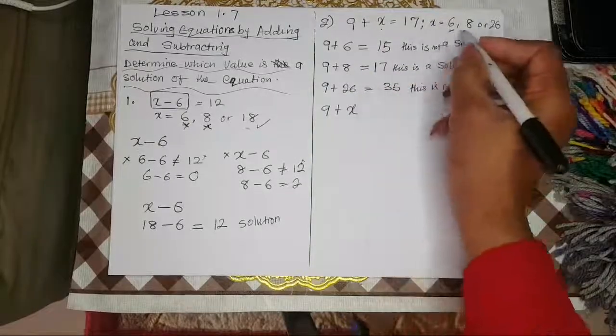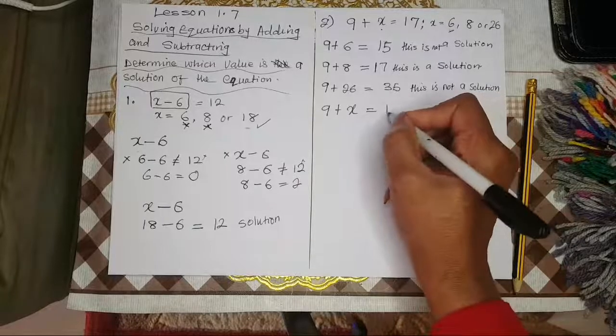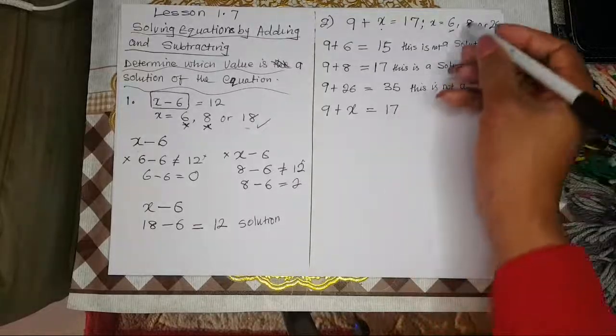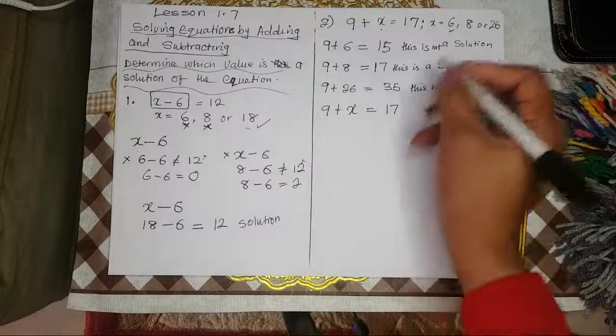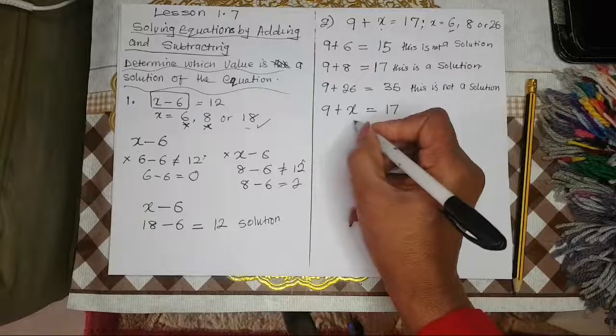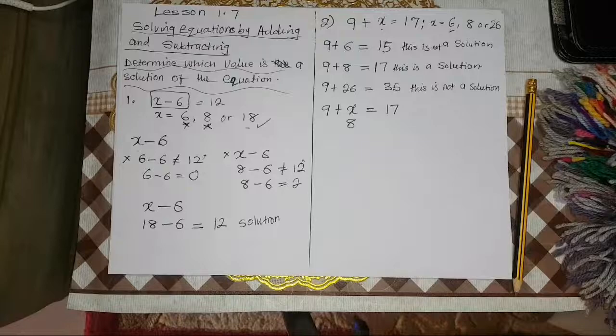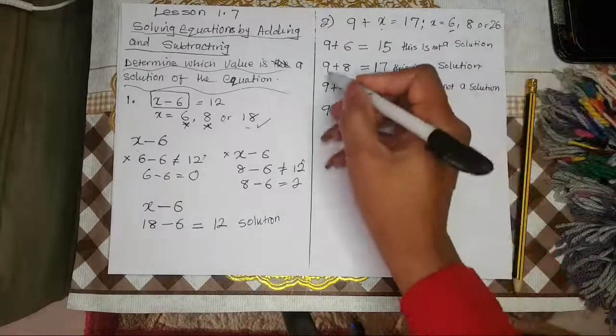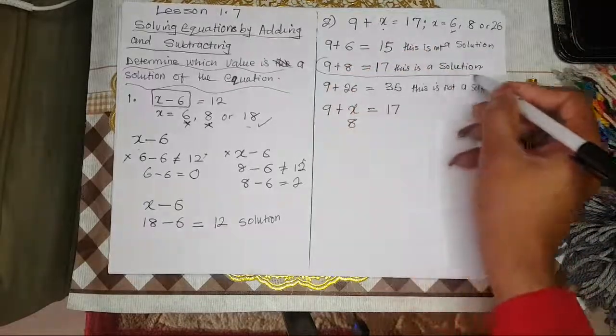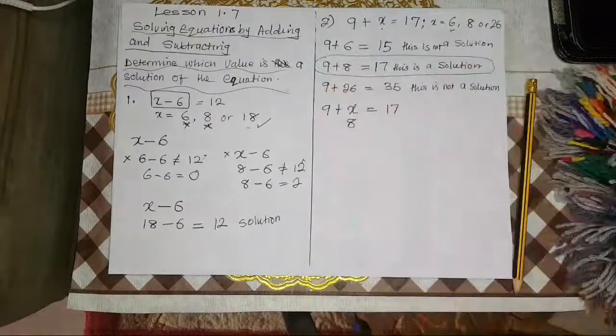So we want to see which number, when you add it to 9, will give us 17. The only number here that gives us 17 is 8. So 8 is a solution.